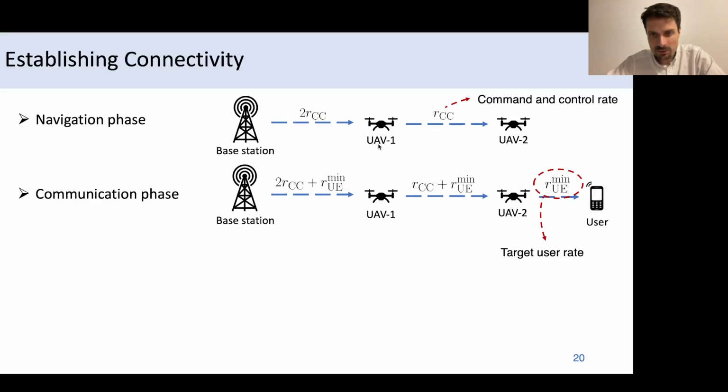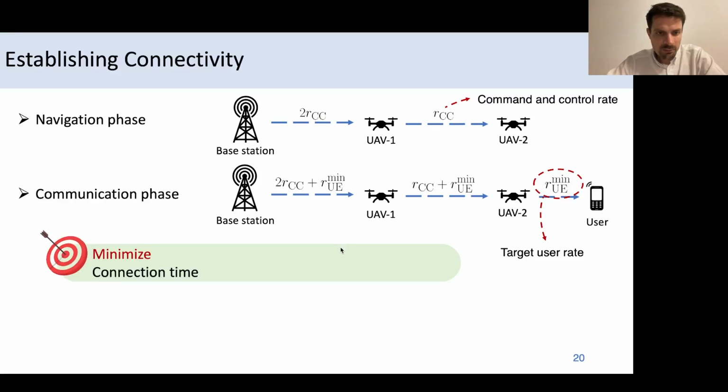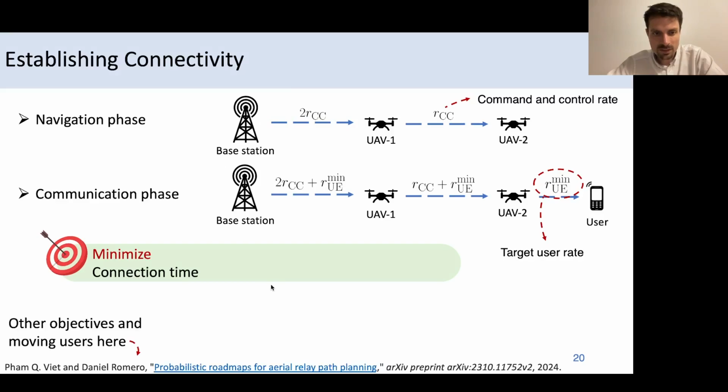Observe this terminology. We call this one UAV 1 and this one UAV 2. We will be focusing here on minimizing the connection time as our metric. The connection time is essentially the duration of this navigation phase.